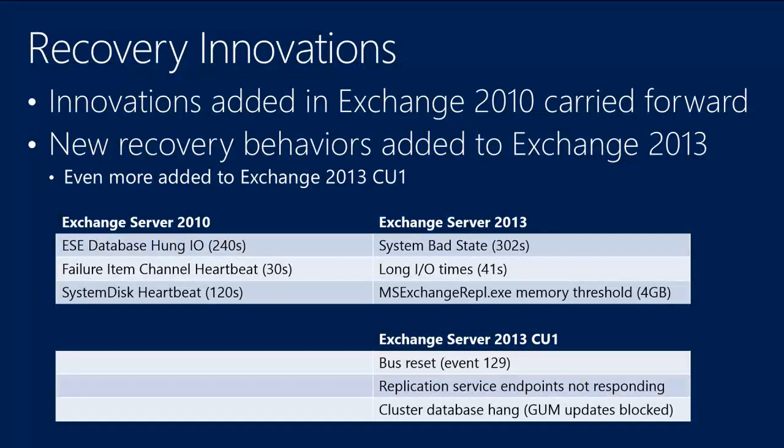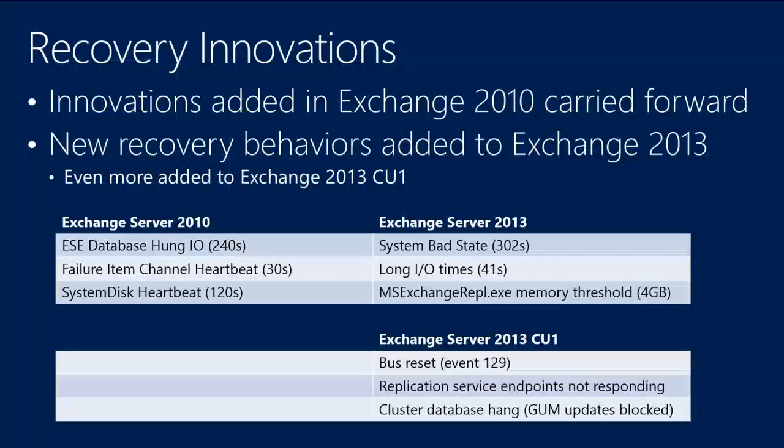Similarly, long I/O times. Of course, long is relative, but 41 seconds for an I/O to go out and come back, that's a very long time, particularly from an Exchange perspective. That usually tends to indicate that maybe a disk is about to fail or that something otherwise catastrophic is about to happen with the hardware. If we see that, we'll try to fix that, again, by forcibly rebooting the box.